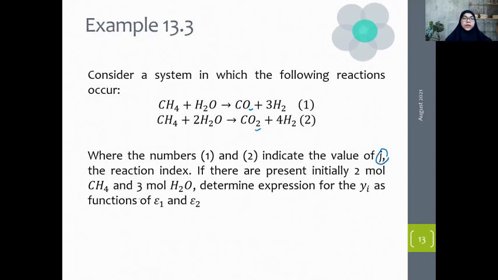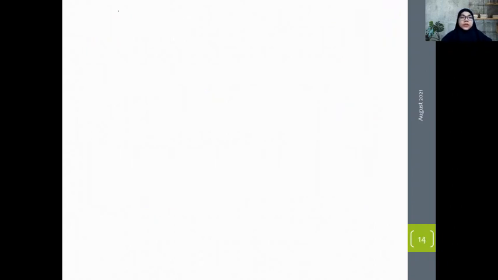The initial amounts given are for methane and water. Determine the expression of the mole fractions as a function of both reaction coordinates, reaction coordinate 1 and reaction coordinate 2. Okay, let's solve this. Maybe you can try to solve this first and compare with my answer.